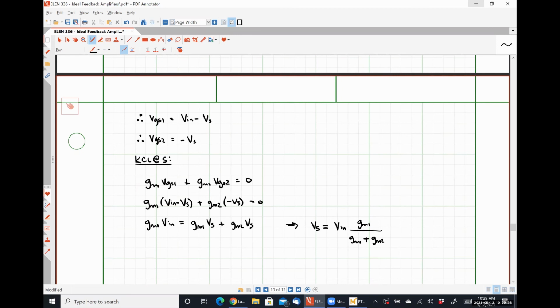Everybody okay with this small amount of algebra?